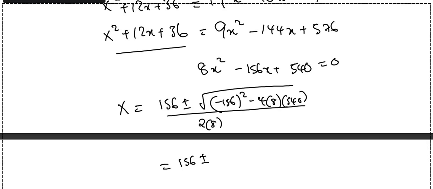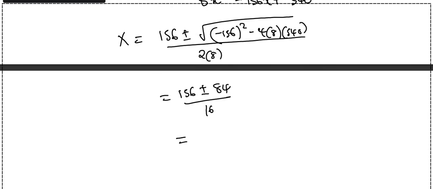If we use a calculator, the square root of our answer, we're getting 84. So we have 156 plus 84, then divided by 16. The first answer is 15, and the next one is 156 minus 84, then divided by 16. That's 4.5, which is simply 9 over 2.